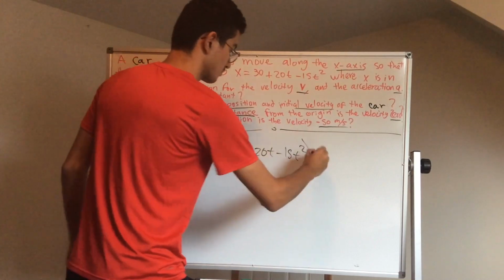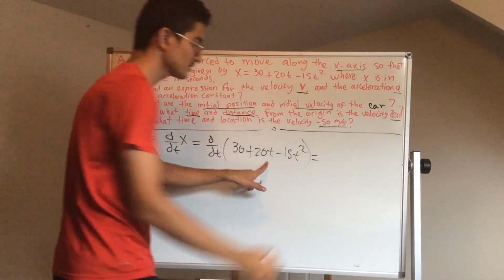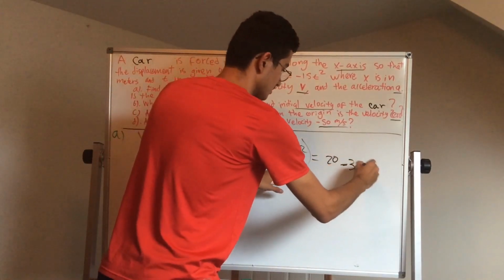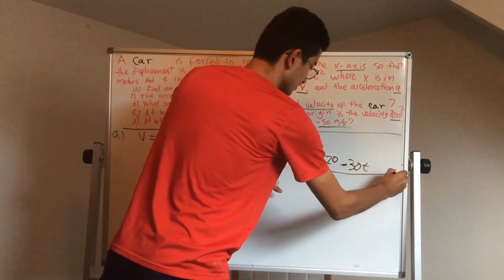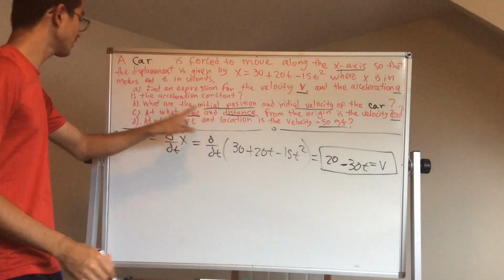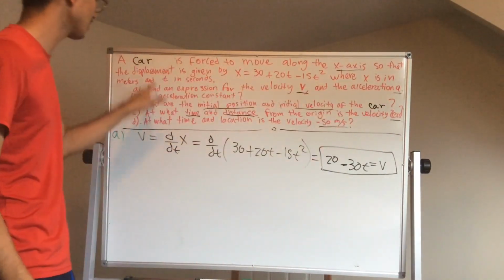The derivative of a constant is 0, the derivative of 20t is 20, and then we have minus 30t. That will be our velocity function, so we have to keep it in mind, we're going to use it later.